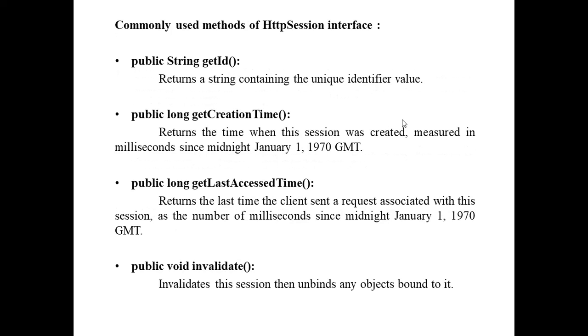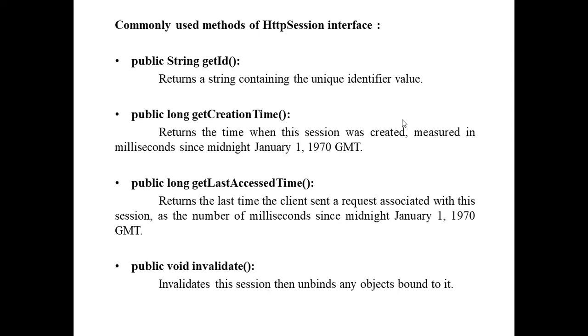See some commonly used methods of the HttpSession interface. First method is public String getId. This method returns the session ID, and the return type of getId is String, containing the unique identifier value.